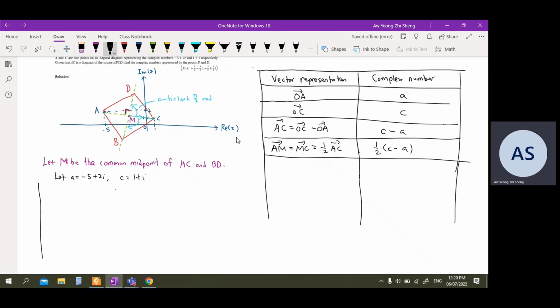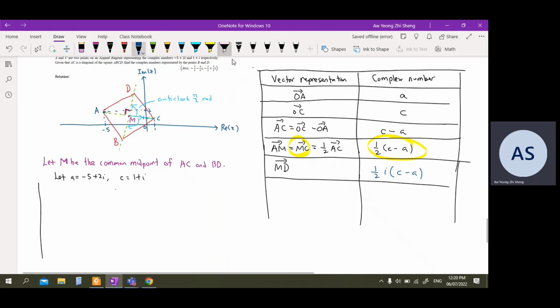Okay, then it's time to rotate the vector. Rotate the vector MC to become the vector MD. Okay, so the complex number represented by the vector MD will be i times the complex number represented by MC. This MC will rotate by 90 degrees anti-clockwise. So I have to multiply this number, half c minus a, by i. So it becomes half i times c minus a.